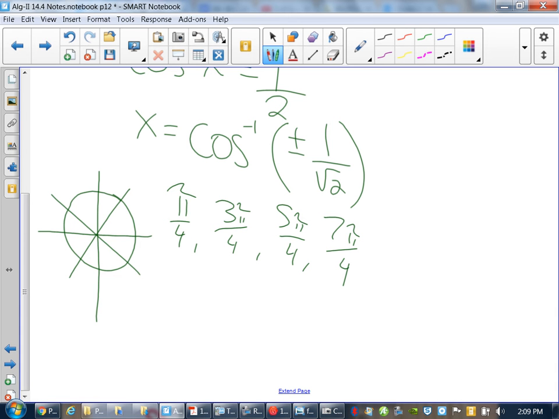So each one of these is just pi over 4 plus pi over 2. Because this is 90 degrees, 90 degrees, 90 degrees, 90 degrees. If I start at 45 and I add 90 degrees, I'm at 135. I add 90, I get 225. I add 90, I'm at 315. I add 90, I'm back at 45. Wait, so pi over 2 is just another 90.